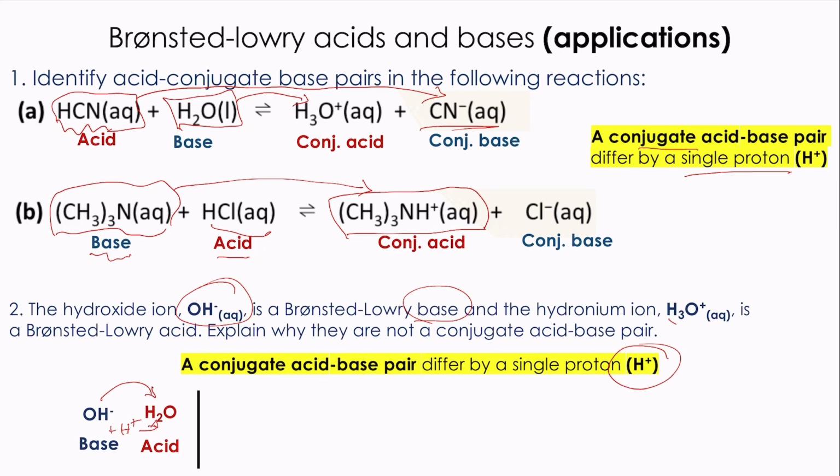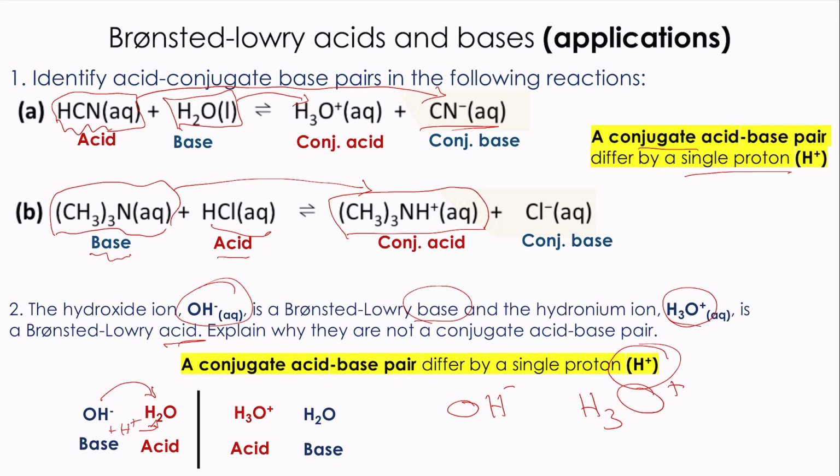What about H3O positive? H3O positive is already an acid, as the question tells you. So its conjugate base will differ from it by a single proton. Here is the base. Okay, there is a very important thing here. The difference between OH negative and H3O positive is not a single proton.